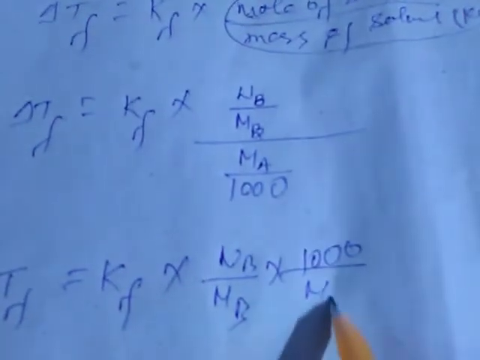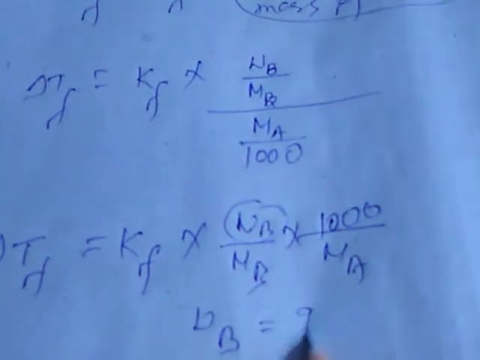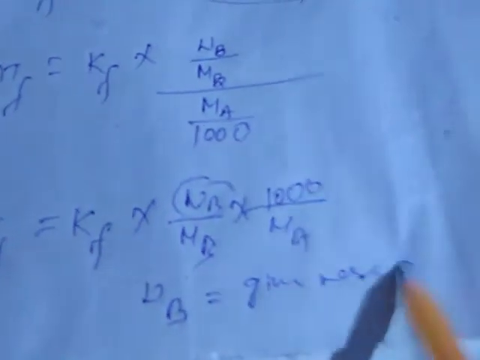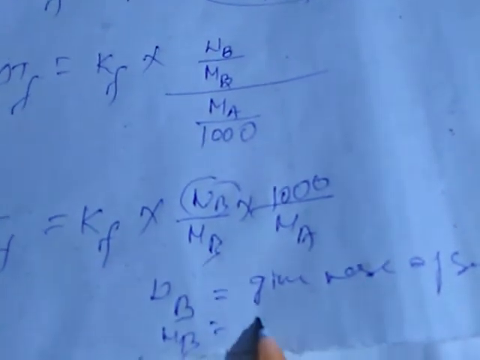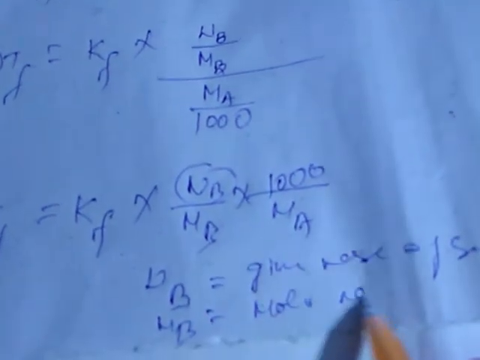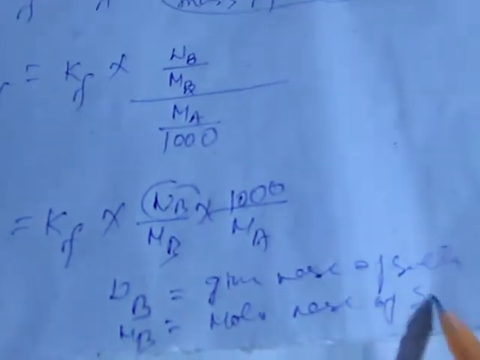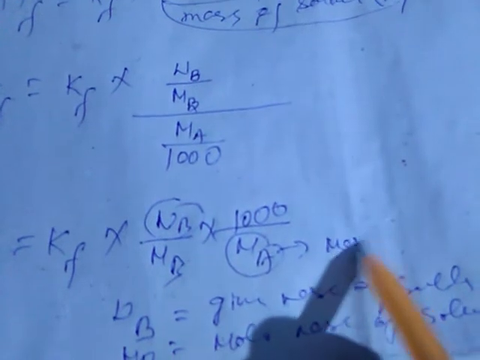Delta Tf is equal to Kf into WB by MB into 1000 by Ma. Here WB is the given mass of solute, MB is the molar mass of solute, and Ma is the mass of solvent.